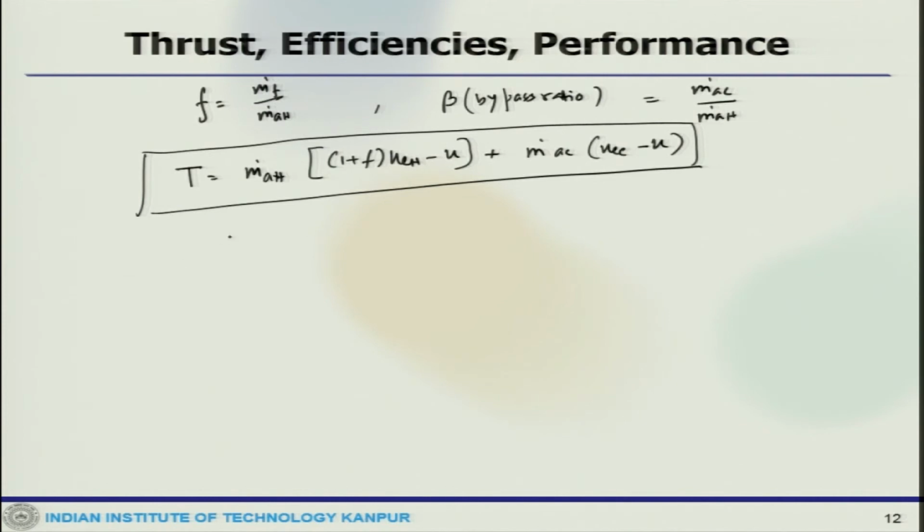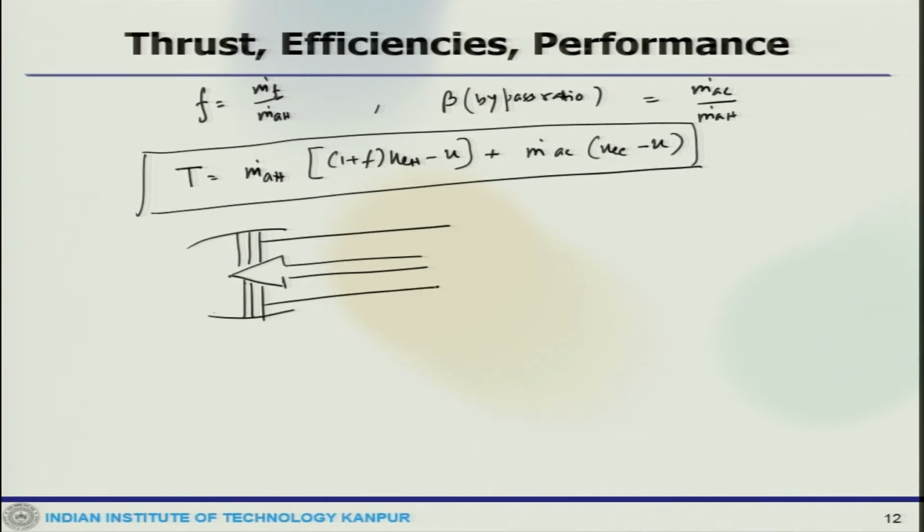Schematically one can see, okay, this is the nozzle, and here the fan is sitting, then the flow goes through like this.